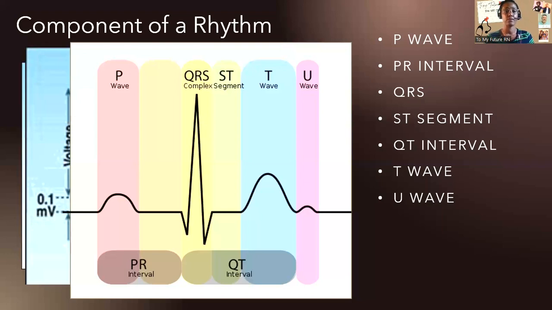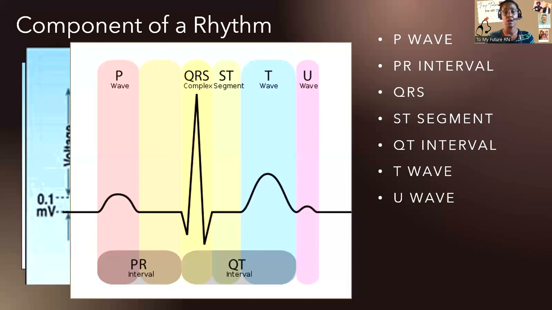After our T wave, we have a QT interval. So that's the beginning of your QRS complex to the end of your T wave. Now this represents all your ventricular events, which means depolarization and repolarization. The length of your QT interval can be affected by age, sex, electrolyte disturbances, and your heart rate.